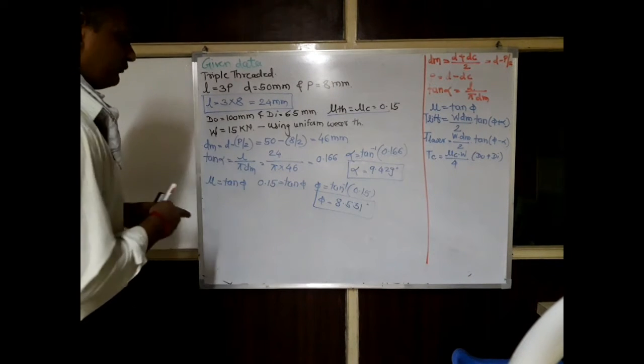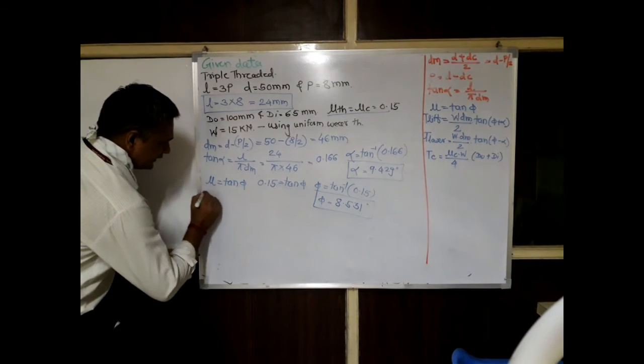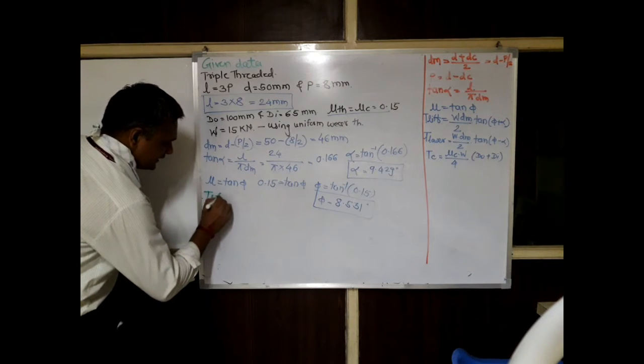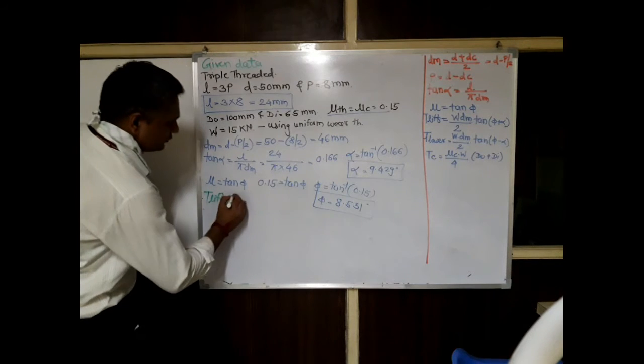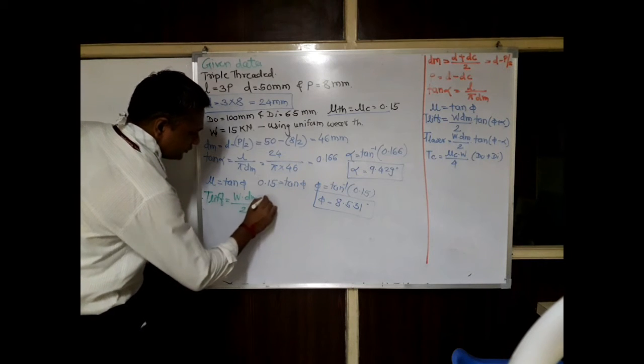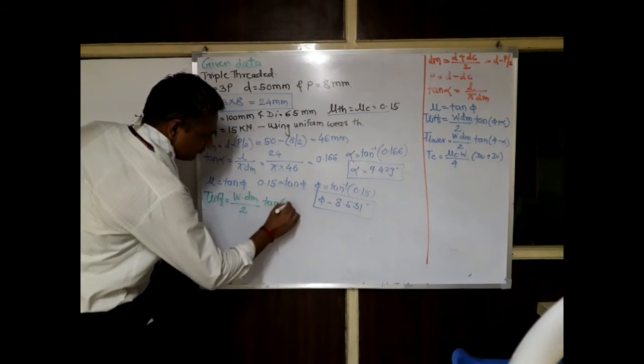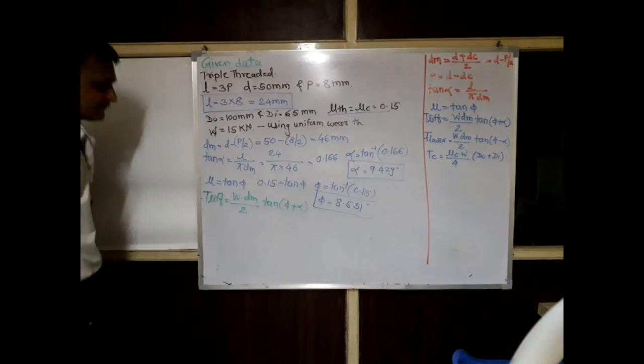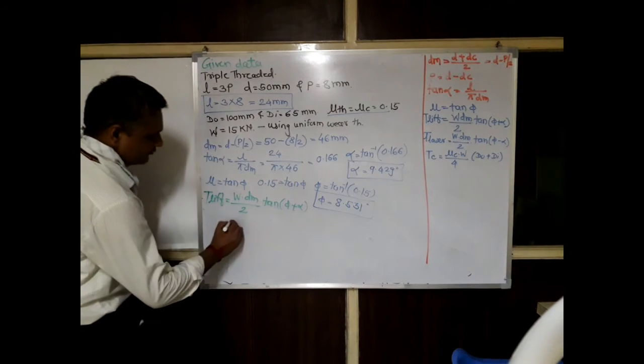Now how to evaluate the value of T lift? We have a formula: T lift will be equal to W into dm divided by 2 into tan of phi plus alpha. Substitute all the values in the equation.